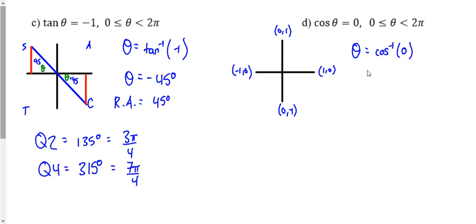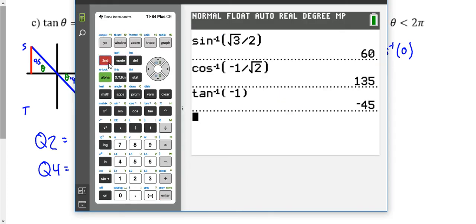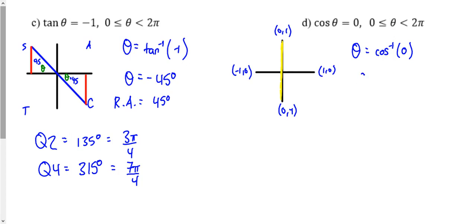That's going to be equal to, and I should have highlighted it for you, so we're looking right down here. This line right there, that's what we're looking at. So here, cos inverse of 0. That should have been 90, which it is 90, so theta is equal to 90 degrees.